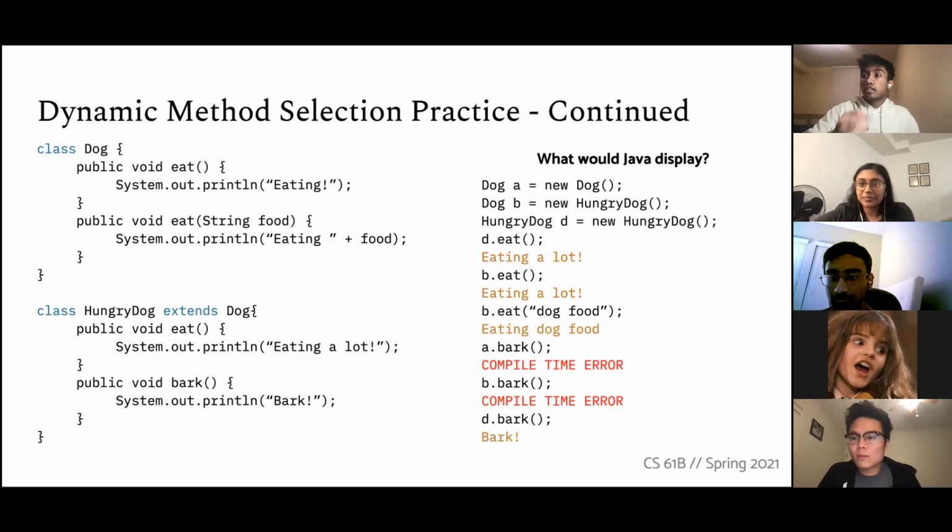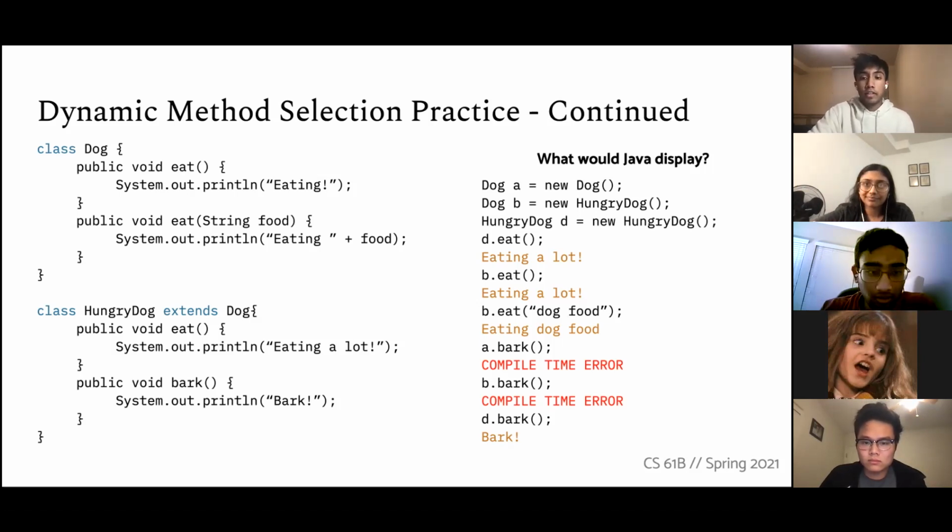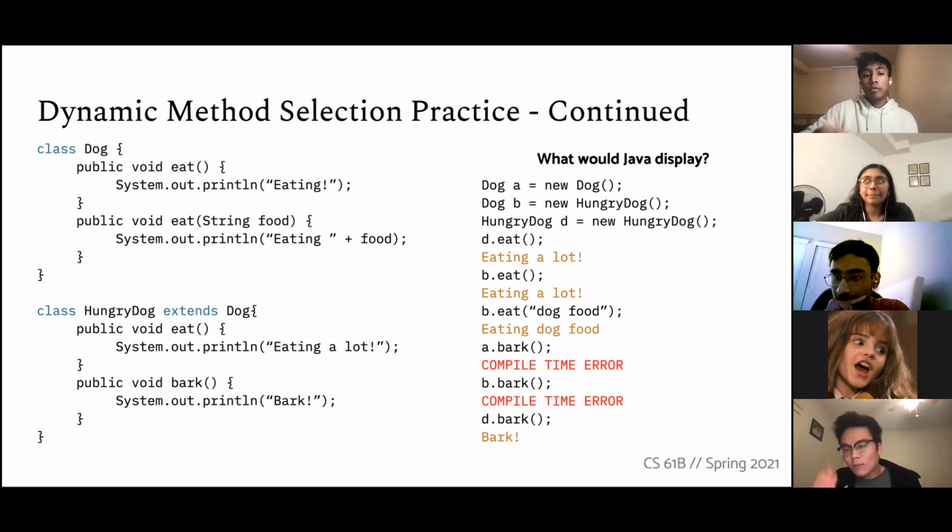The next question is about runtime errors. I think Todd and Anjali did a really good job in chat trying to explain it. You don't really get those with dynamic method selection. You get those more when you're providing logic that will cause an error. Anjali gave a really good example with divide by 0. The compiler won't pick up on that.